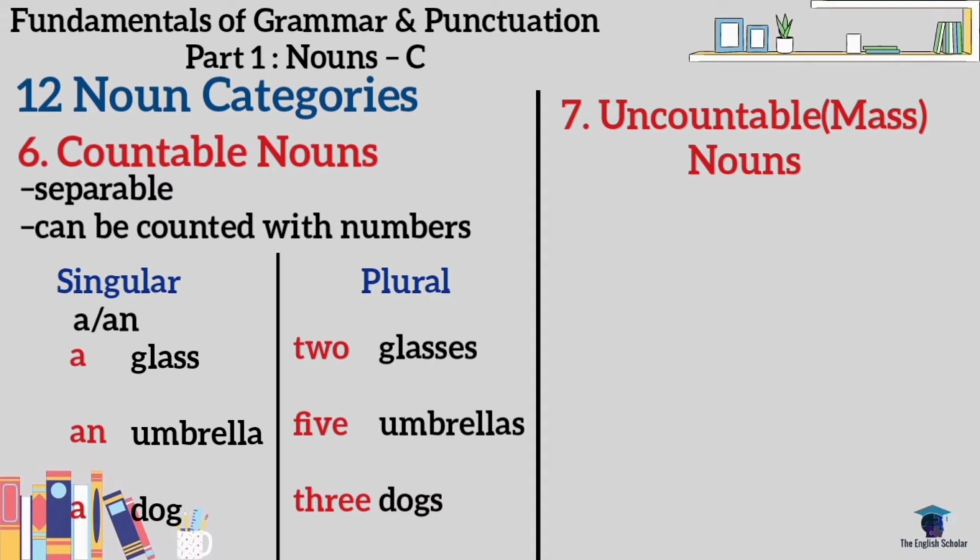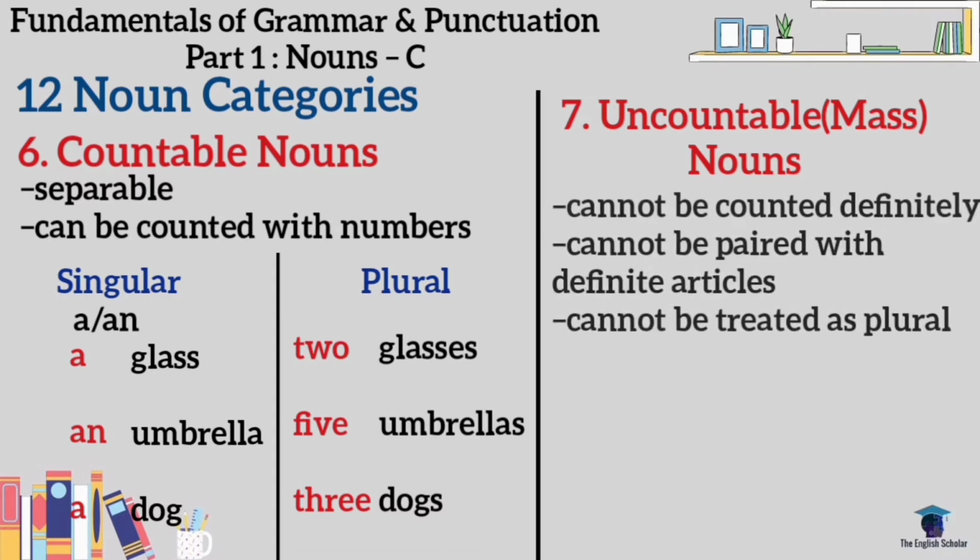Uncountable nouns. Uncountable nouns, also known as mass nouns, in contrast to countable nouns, cannot be counted definitely. Uncountable nouns cannot take the articles a or an, unlike countable nouns. They also cannot be treated as plural. Let's check the example.